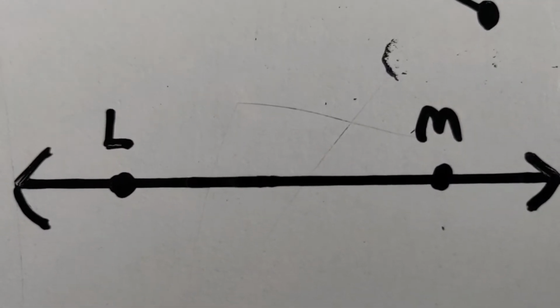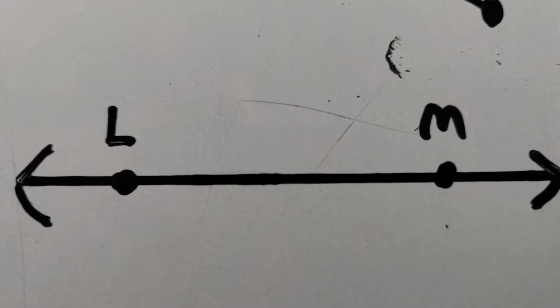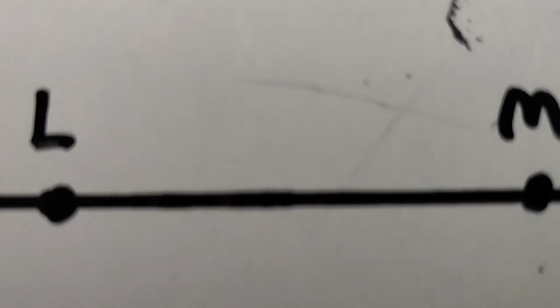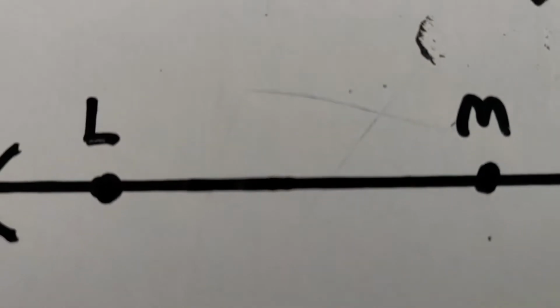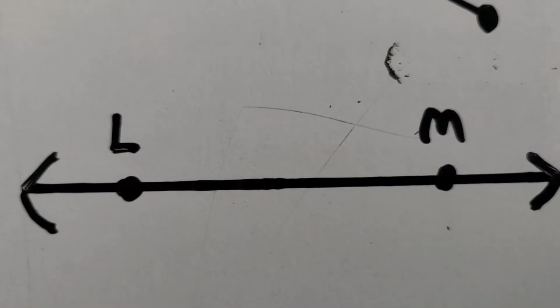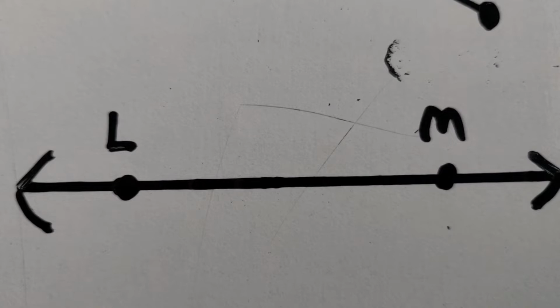We also learned what a line is. So we learned that a line is different from a line segment, because if this was a line segment, all you would see would be line segment LM with no arrows going left and going right.